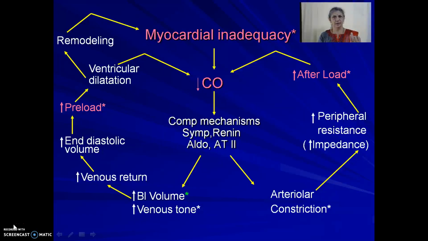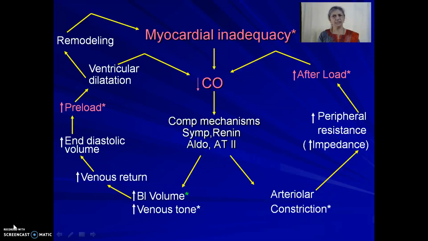It also tries to constrict the blood vessels, arterioles as well as veins. And if arterioles are constricted, the resistance against which the heart has to pump, that gets increased. That means this mechanism is increasing the cardiac workload. And we have a heart which cannot handle the normal, even resting workload. Okay.